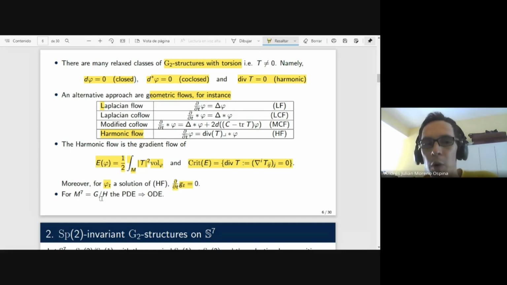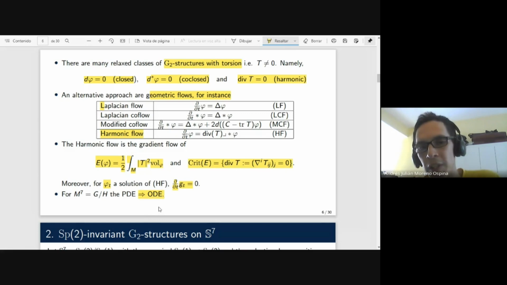And in our work, we work with a homogeneous space. As we saw in the talk about Ricci flow, the PDE becomes an ODE if you try to solve the problem of the geometric flow restricted to the invariant structures.